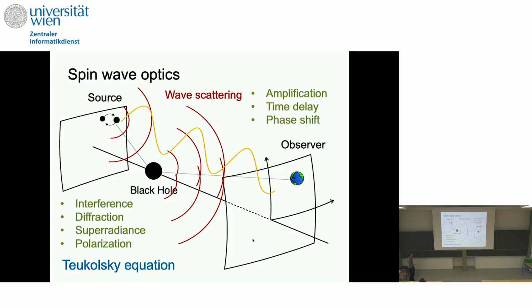Finally, we would like to take into account the spin of gravitational waves. Gravitational waves have a spin-2 nature, so it would be interesting to take into account this spin effect, or polarization, directly by solving the Teukolsky equation.